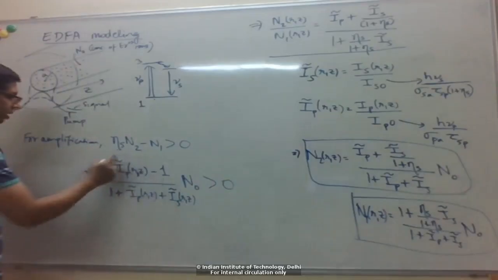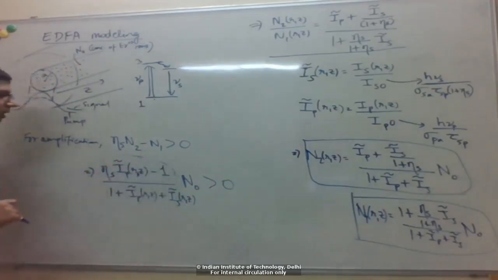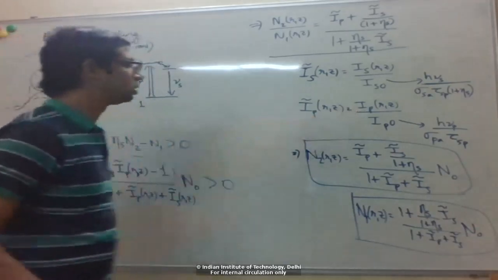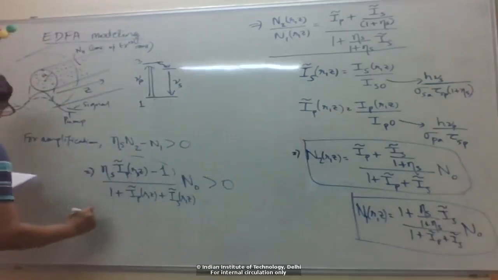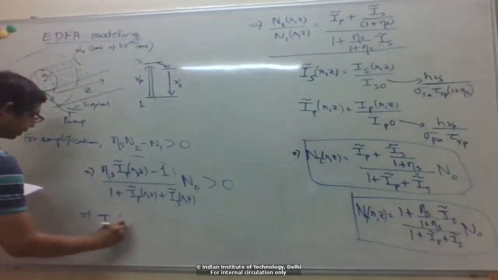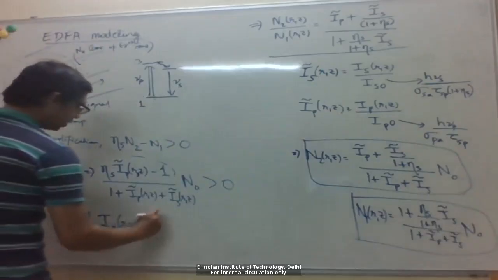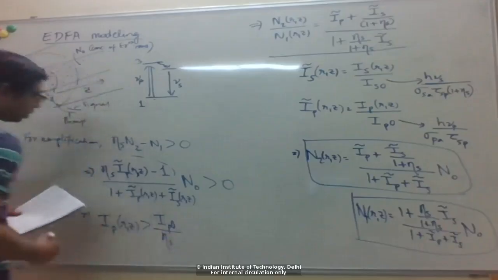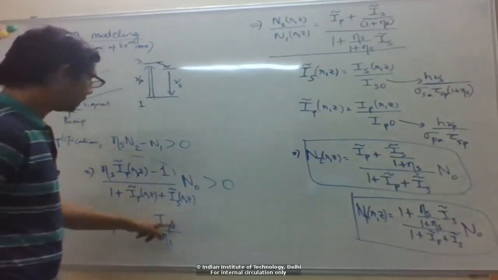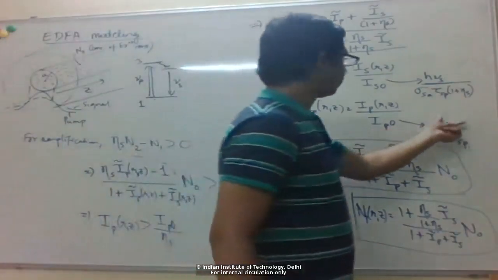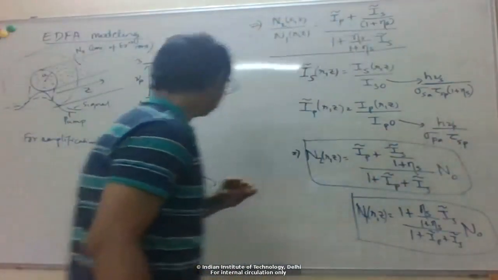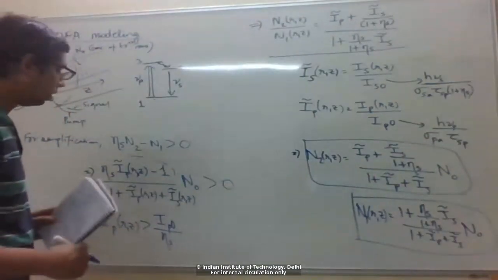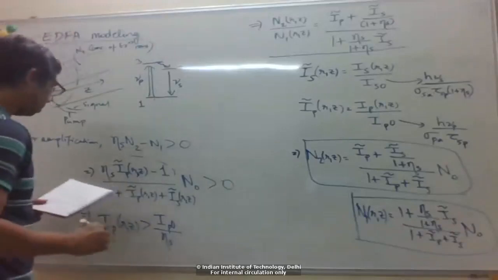So for this to be greater than 0, basically the numerator has to be greater than 0. So you can see, if I put this expression for I_P, that just means that the pump intensity has to be greater than a particular value. Okay, which depends on this intensity constant that we define in terms of the atomic constant, and divided by this ratio of the emission to absorption cross section.